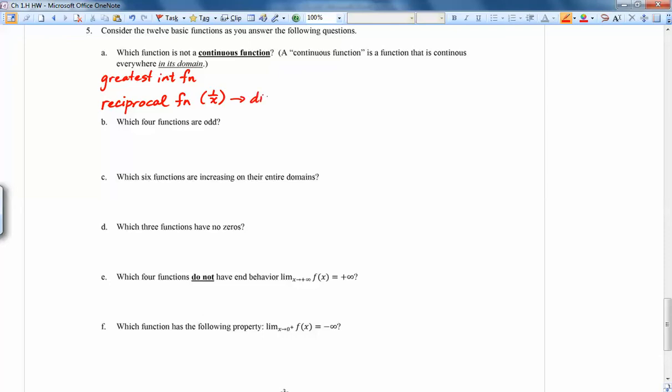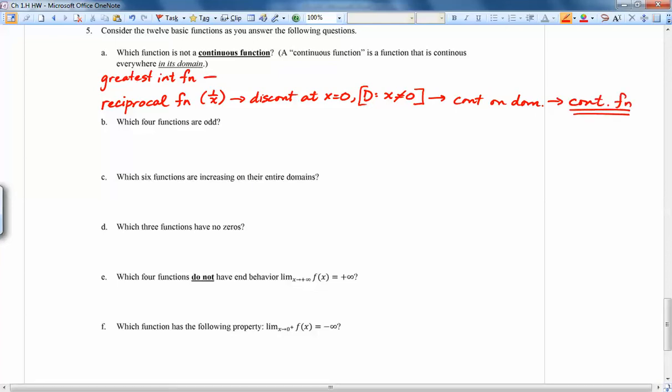So it's discontinuous at x equals 0, but 0 is not in the domain. So this one is continuous everywhere that is in the domain. So this one is continuous on its domain, and it's called a continuous function.